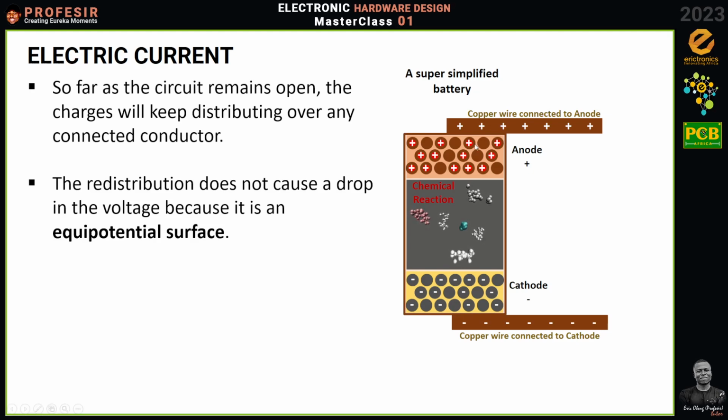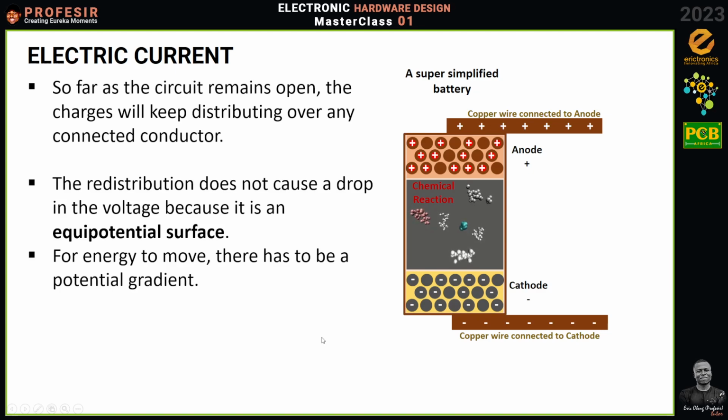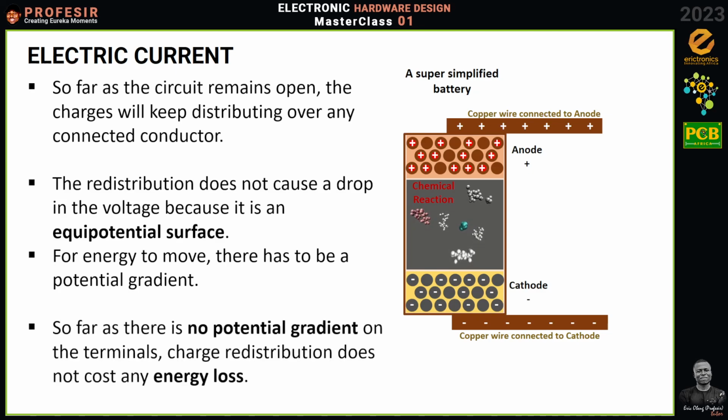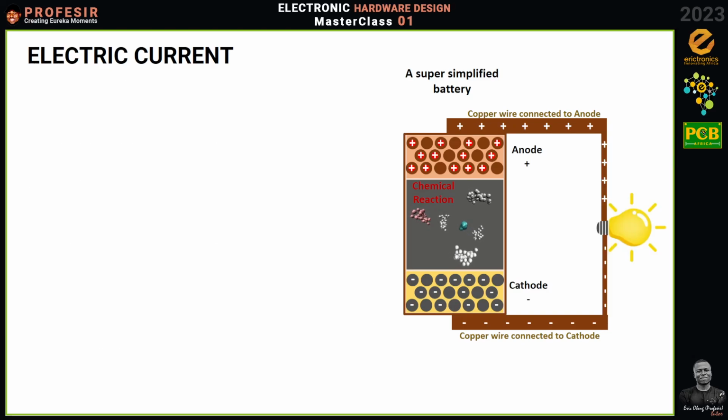So basically what we get here at the anode and what we get here at the cathode are equipotential surfaces, and charges do not spend energy moving on an equipotential surface because there is no potential gradient. Great. Now, we keep saying this. For energy to move, there has to be what? A potential gradient. So far as there is no potential gradient, no energy would be lost.